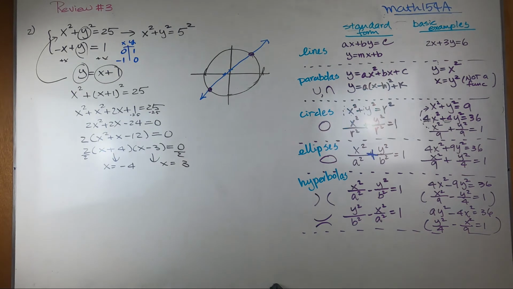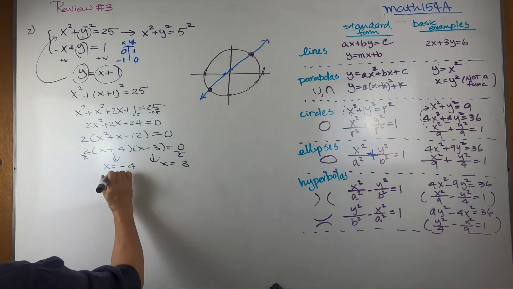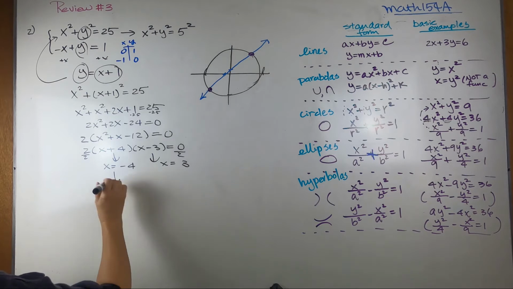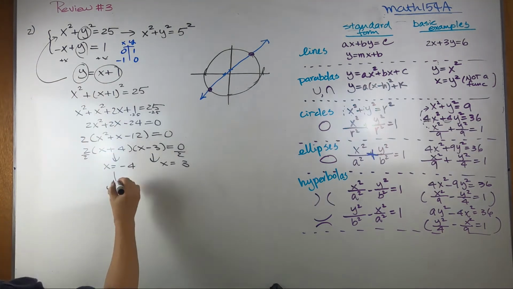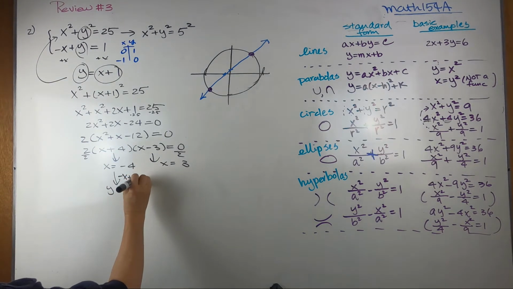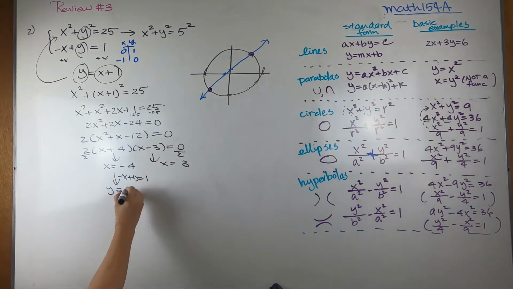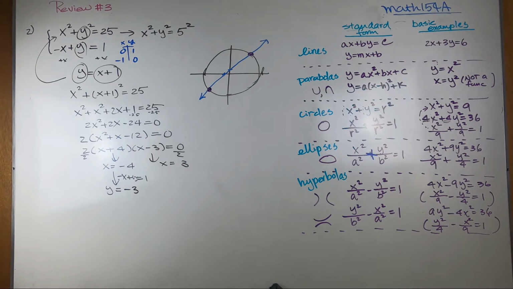That's for your x. But when we solve it, we have to find the ordered pairs. So x is -4, you plug in, y is what? Negative 4 plus 1, y is -3.